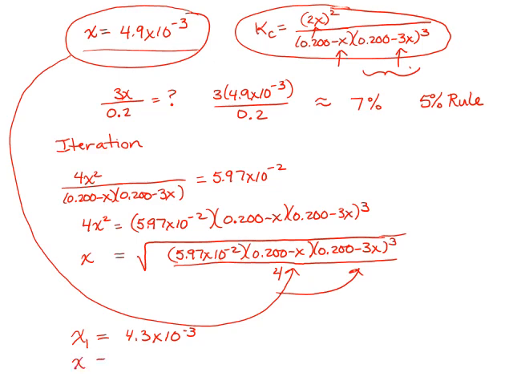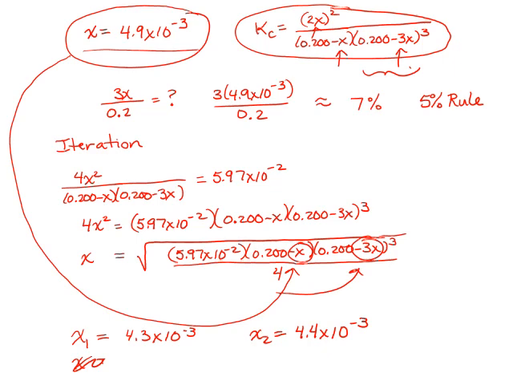So we're going to go ahead and put in the 4.3 times 10 to the minus 3 now for our terms on the right side. Do all that math on our calculator, and we get 4.4 times 10 to the minus 3. Try this on your calculator and make sure you're getting the same numbers I am.